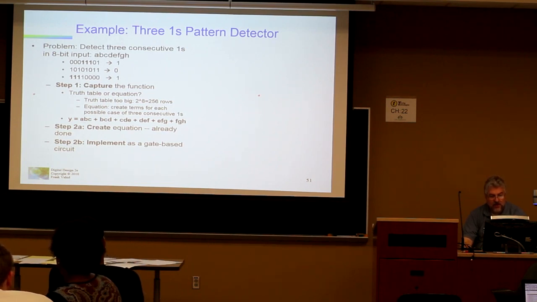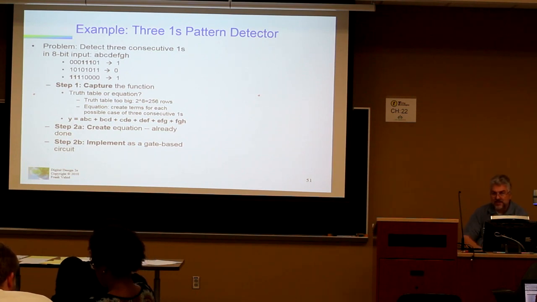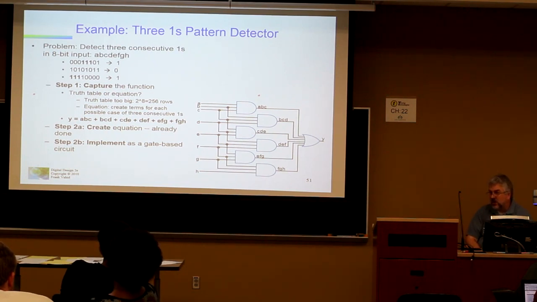So we have 3 input AND gates, and we have a 1, 2, 3, 4, 5, 6 input OR gate. Well, let's just assume that we have that hardware available, and so our circuit would look like this. Notice we don't have to worry about any NOT gates because it's all when A, B, C, D, E, F, G are 1s. And that's how you would follow the steps for that.